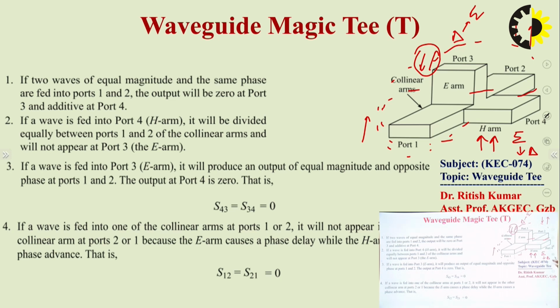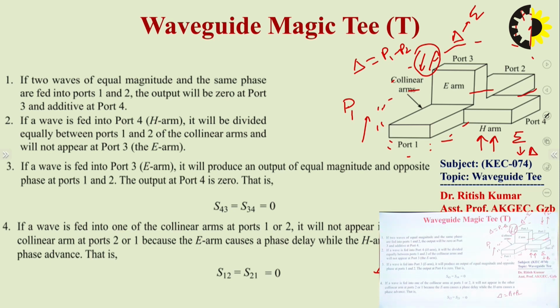So, in terms of power, we can say if you give the power at port number 1 as P1, while at port number 2 as P2, you will get the power at port number 3 as P1 minus P2, while at port number 4 you will get the power P1 plus P2, right. So, this is about the magic T here, right.